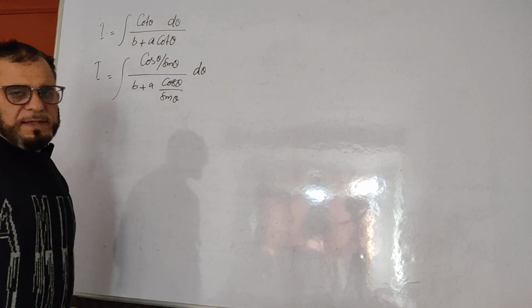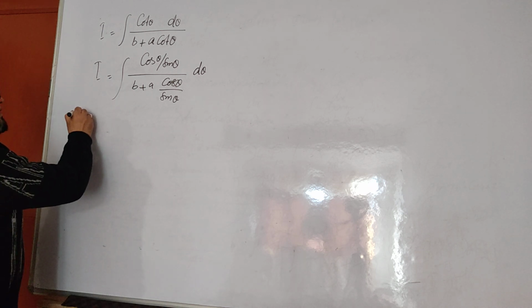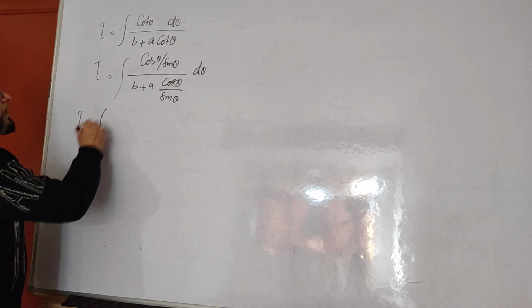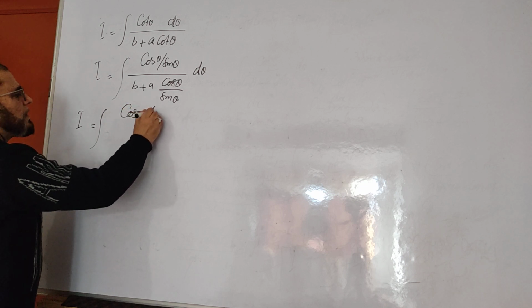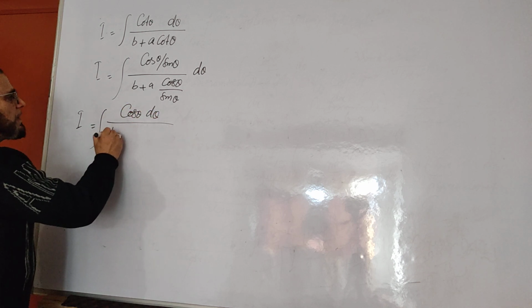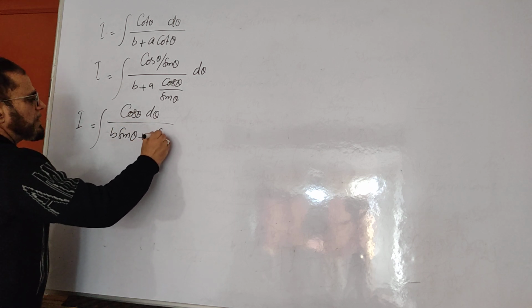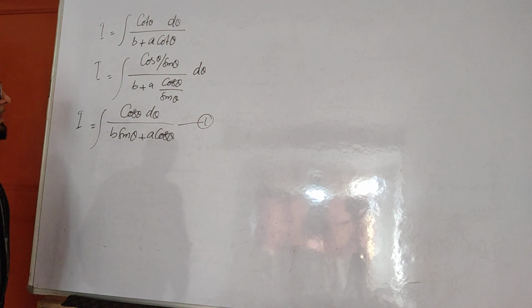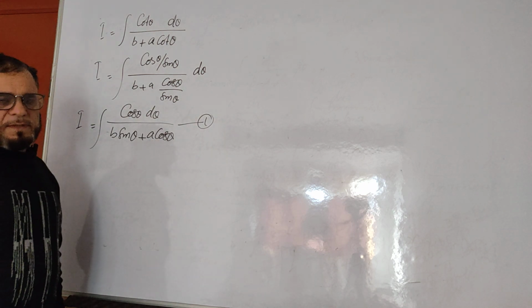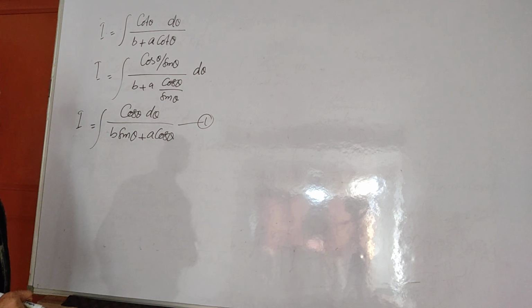If it was tan, then you would have sine by cos. Well, this is I equal to integral of cos theta d theta by b sine theta plus a cos theta. By taking sine theta as LCM from numerator and denominator, you cancel it, and you get cos theta d theta by b sin theta plus a cos theta.